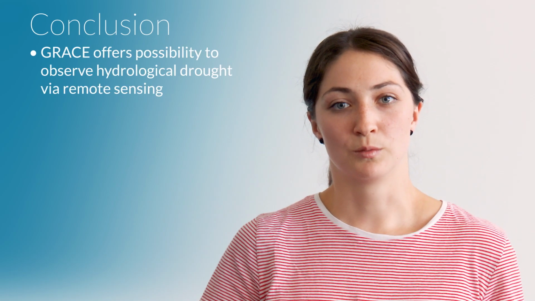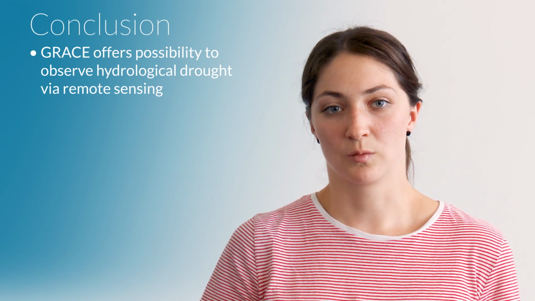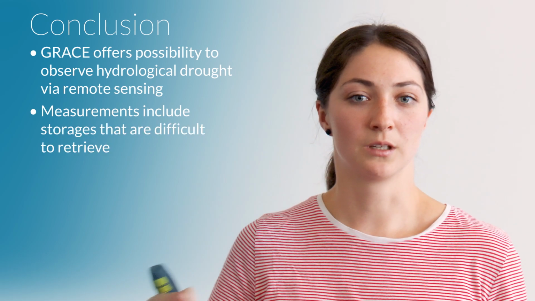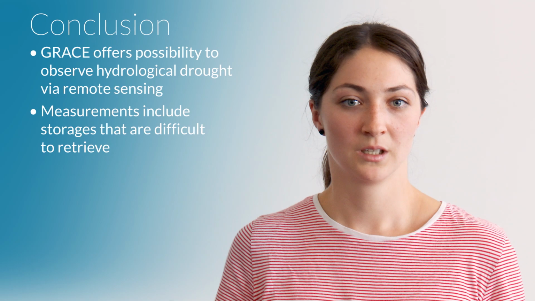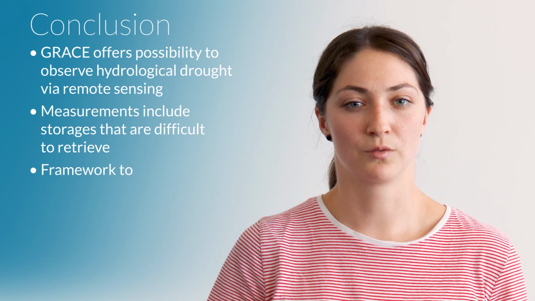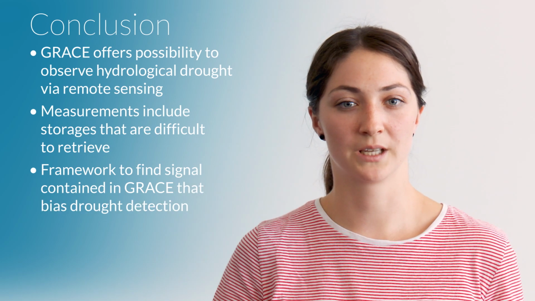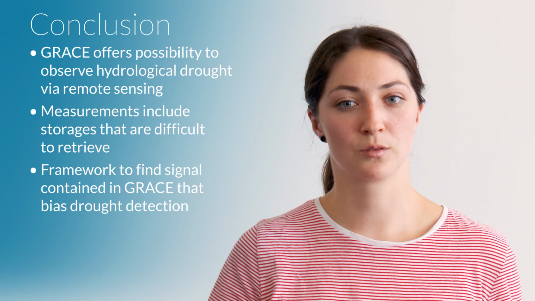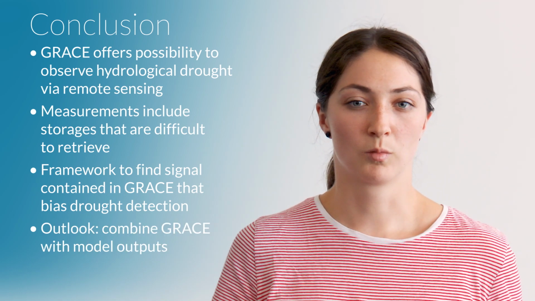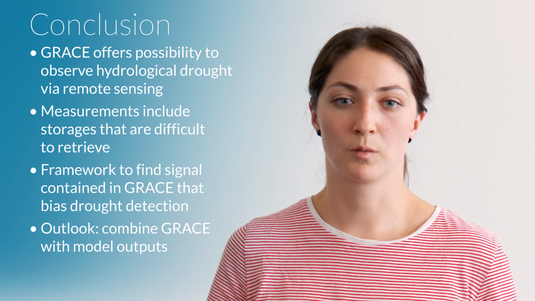We saw that GRACE offers a great possibility to observe hydrological drought via remote sensing, and we have the advantage that we can have measurements that also include groundwater and other difficult-to-retrieve measurements. Then we have shown that we have a framework to detect biasing signals for the drought detection. And as a next step, we want to combine GRACE with model outputs, but this is content of the webinar.